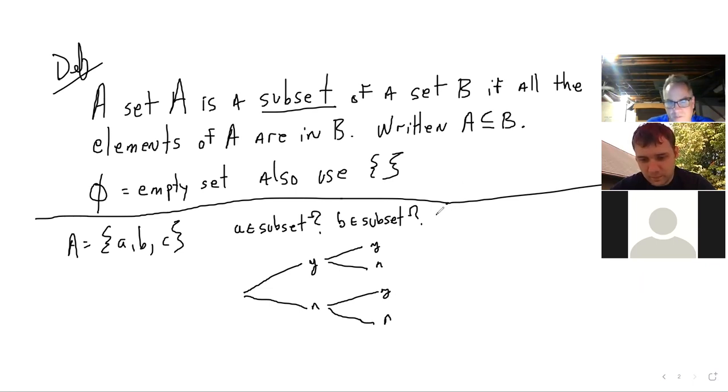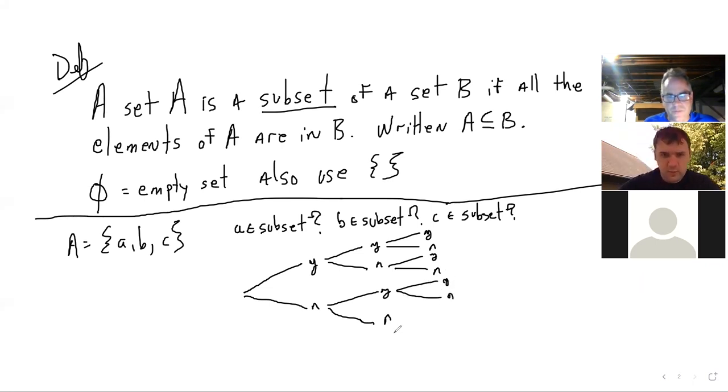Then we do the same thing for the last element, C. Is C an element of the subset? Same thing, 2 possibilities, off of each one of these: yes, no, yes, no, yes, no, and yes, no. Now if I start here and follow along every possible path, I'm going to come up with all the subsets.